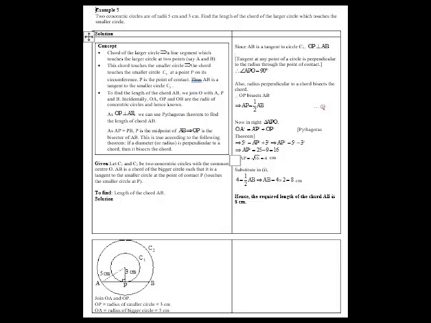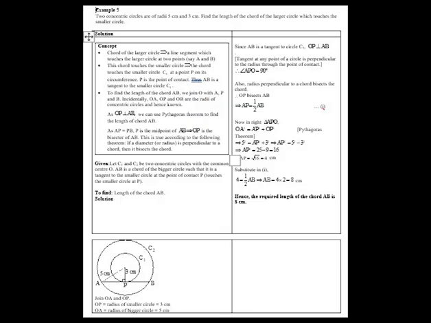Join OA and OP. OP is equal to radius of the smaller circle which is equal to 3 cm. OA is equal to radius of the bigger circle which is equal to 5 cm. Since AB is a tangent to the circle C1, OP is perpendicular to AB because tangent at any point of a circle is perpendicular to the radius through the point of contact.